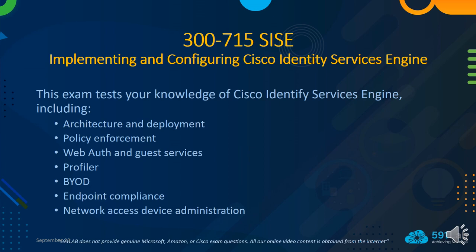This exam tests your knowledge of Cisco Identity Services Engine, including topics like architecture and deployment, policy enforcement, web authentication and guest services, profiler and BYOD (bring your own device) features, endpoint compliance, and network access administration.